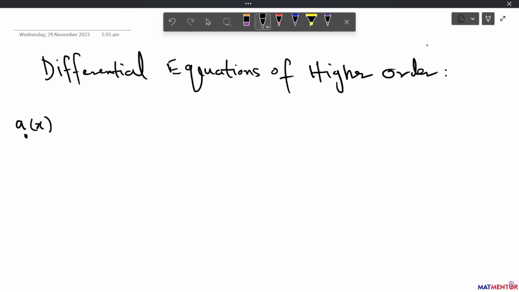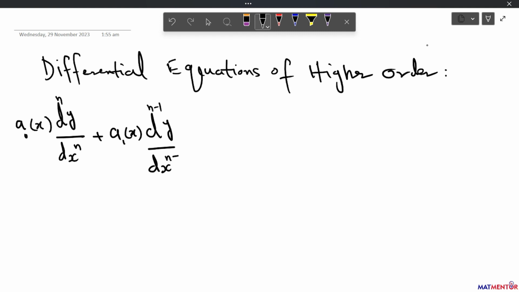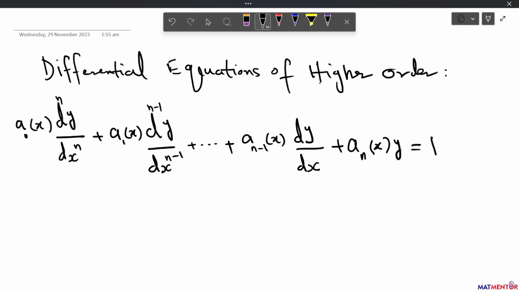a0 of x d^n y over dx^n plus a1 of x d^(n-1) y over dx^(n-1) plus ... plus a_(n-1) of x, this is my dy over dx, plus a_n of x y equal to f of x.